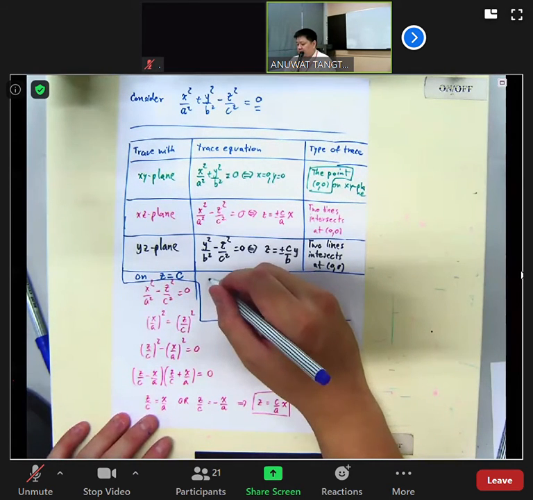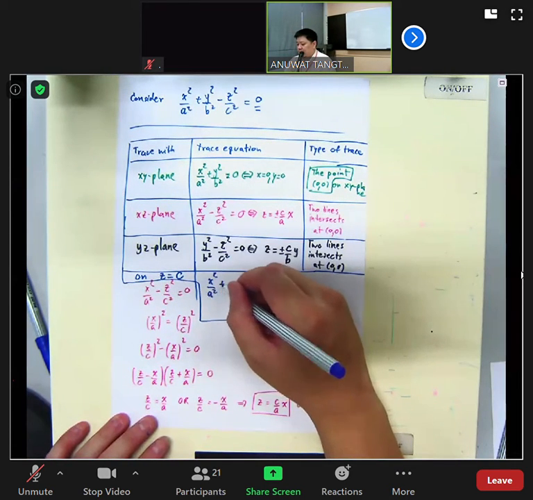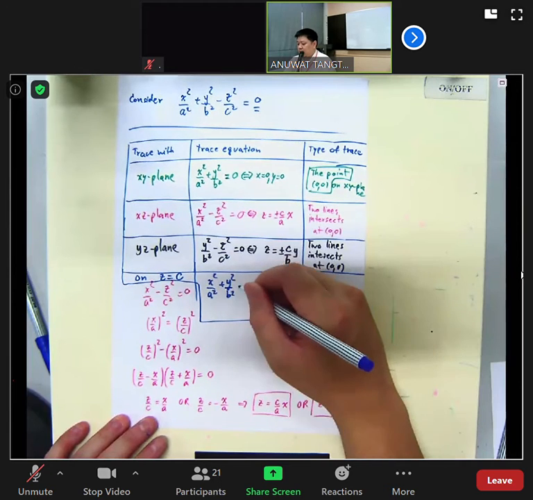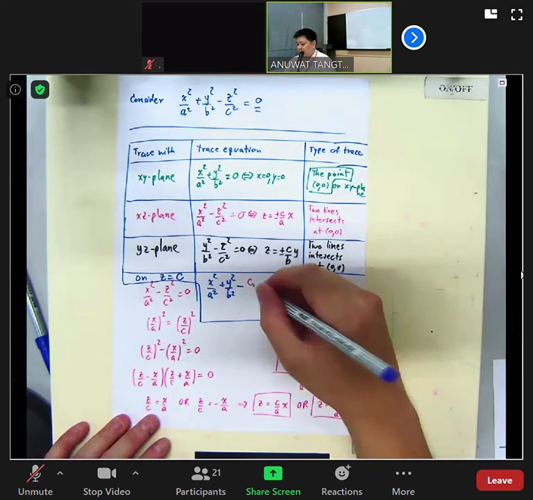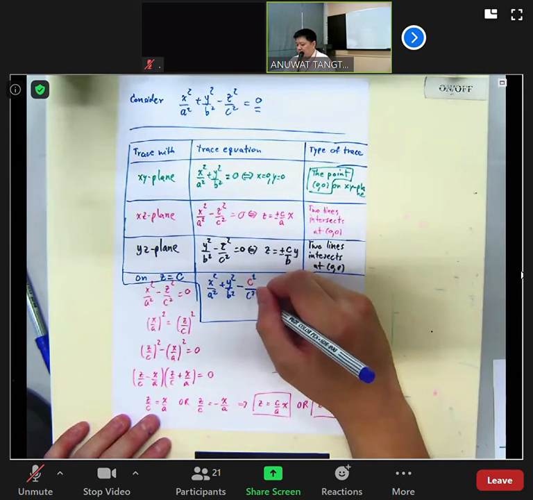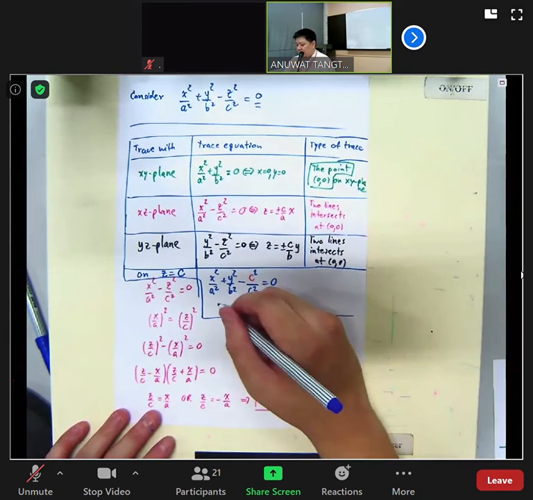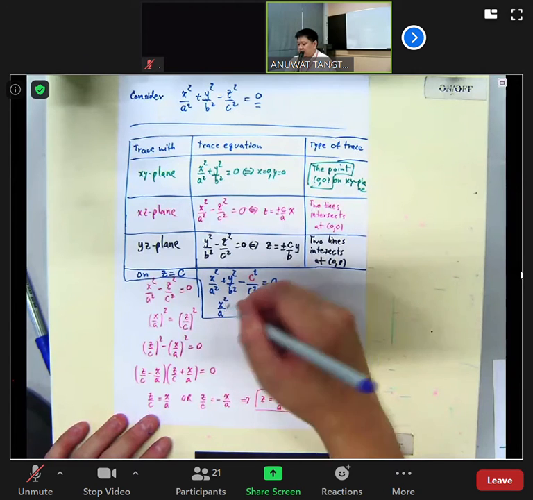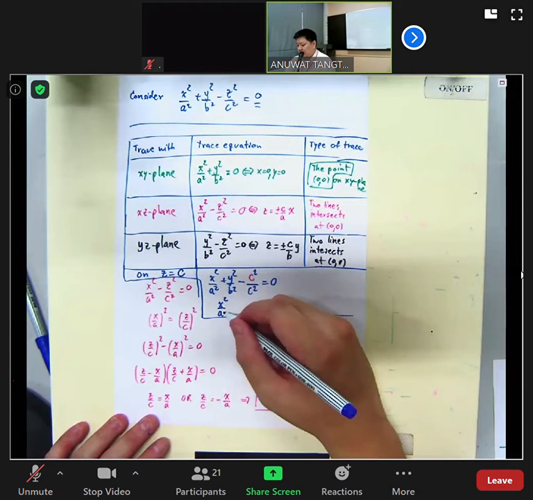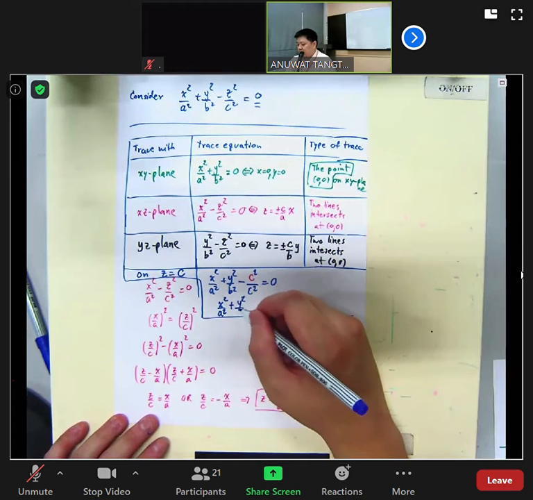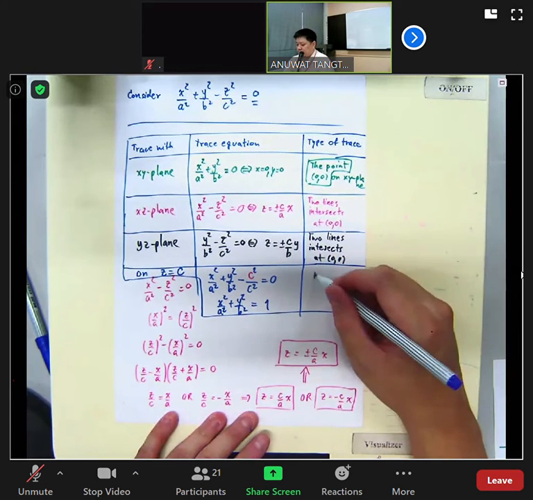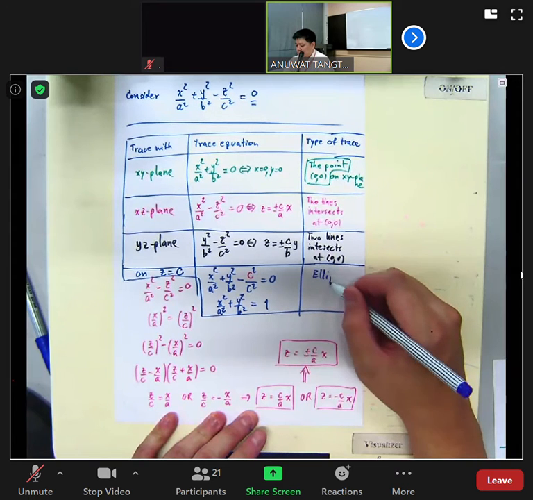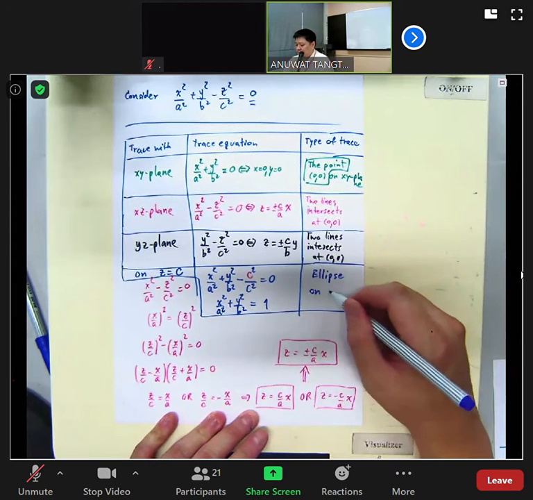So this will be x squared over a squared plus y squared over b squared. Now if we put z equal to c, then z squared over c squared would be just 1. So we would get an ellipse on z equal to c.